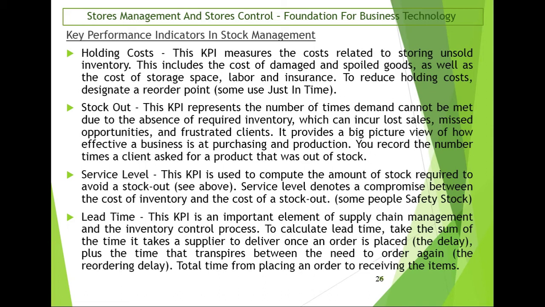So this requires a compromise between the cost of inventory as well as the cost of a stock out. So we are trying to balance our supply and demand so that we don't overstock and we also do not understock. This is where the use of safety stock comes in.